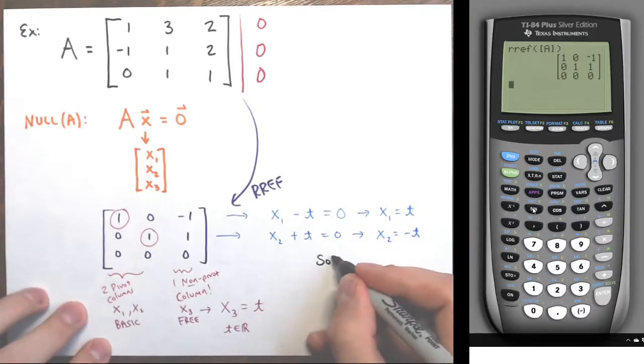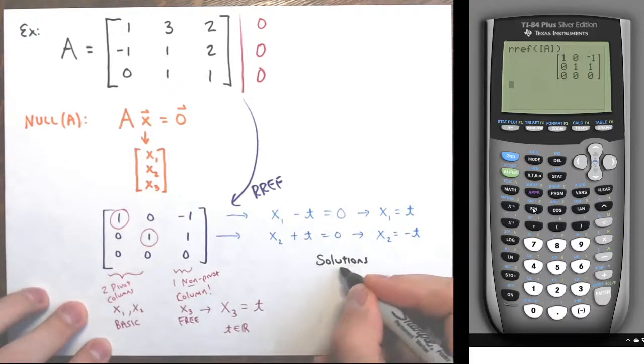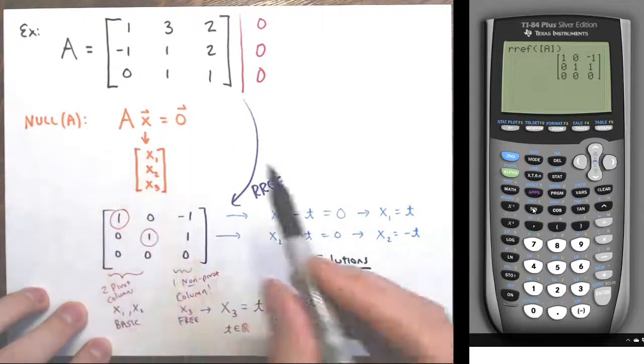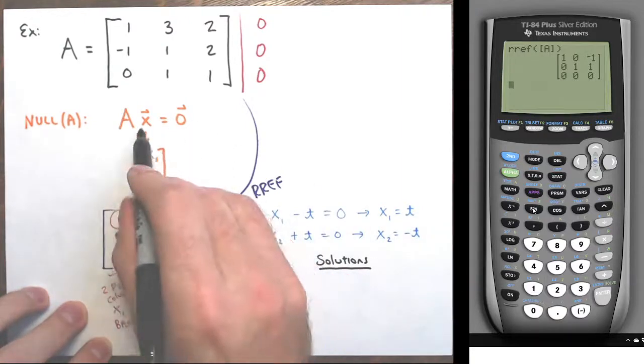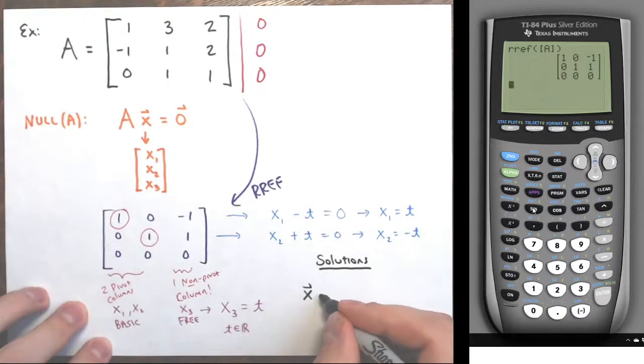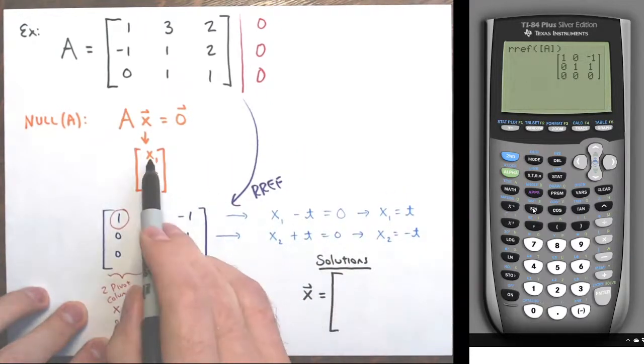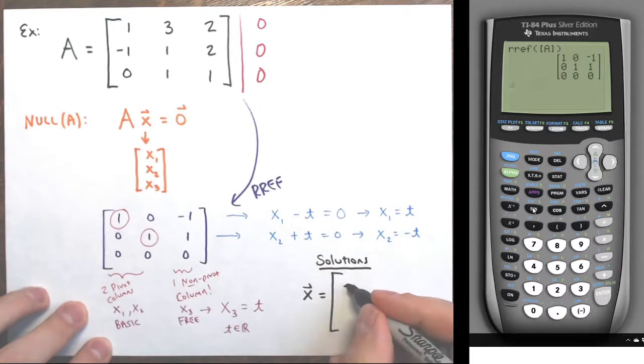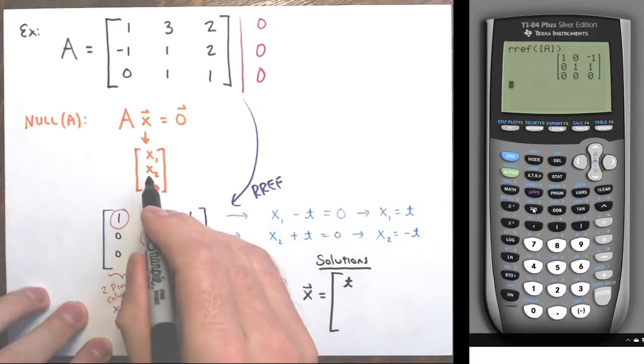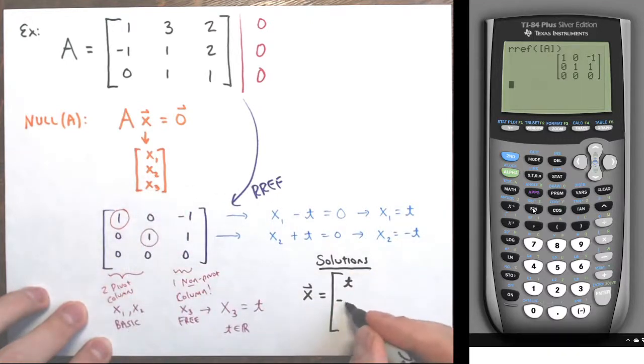So the solutions of this equation, this Ax equals 0, I can replace the vector x with a 3 by 1 column vector, such that that first component x1 is whatever value of t I choose. The second component is the opposite of whatever value of t I choose, and the third component is the value of t I choose.